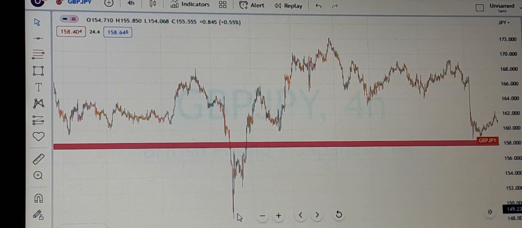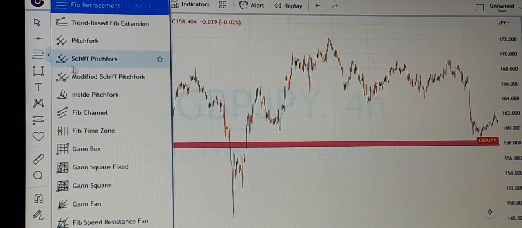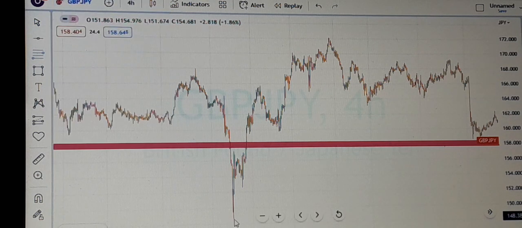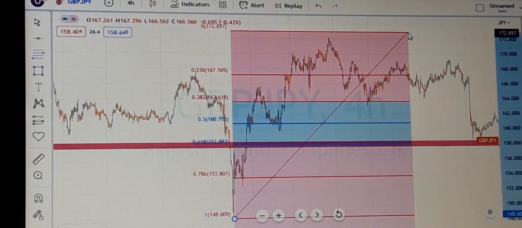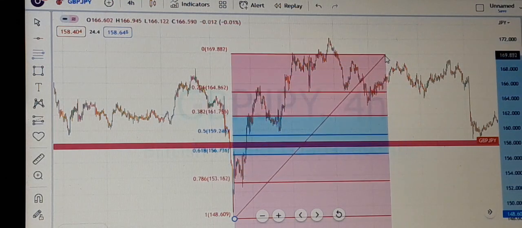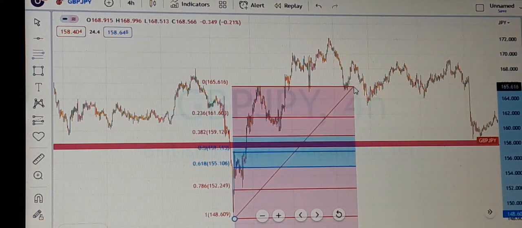This was the lowest point that this market reached, and this was the highest point that particular market reached. So we are taking a Fibonacci. That is a lot of data, but we'll just have to consider it. Taking it from the lowest point to this highest point. That's a good area, really.